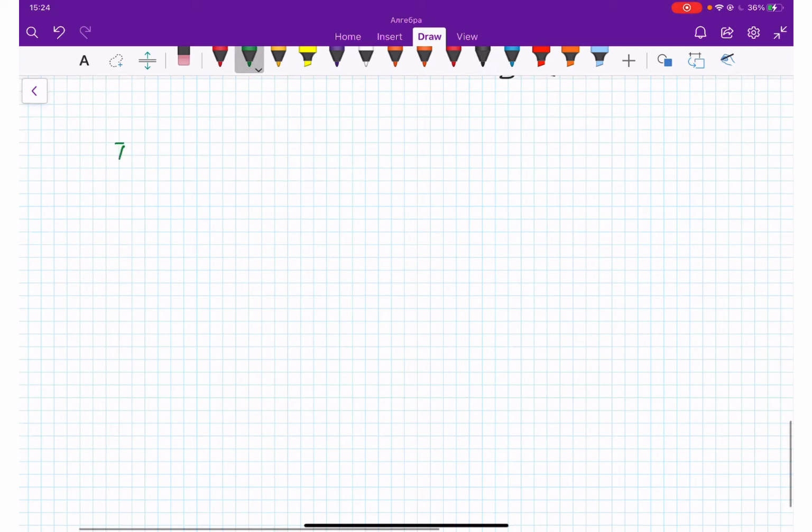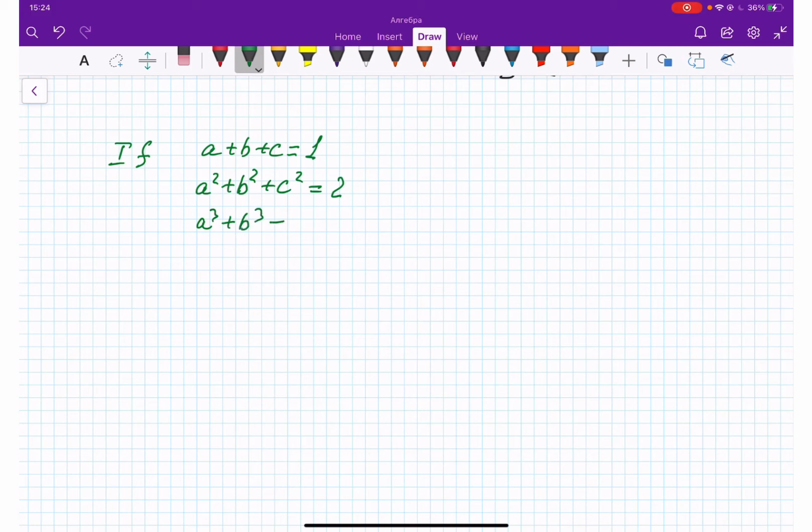If a plus b plus c is equal to 1, a squared plus b squared plus c squared equals 2, and a cubed plus b cubed plus c cubed is equal to 3, then how much is a to the negative 1 plus b to the negative 1 plus c to the negative 1?